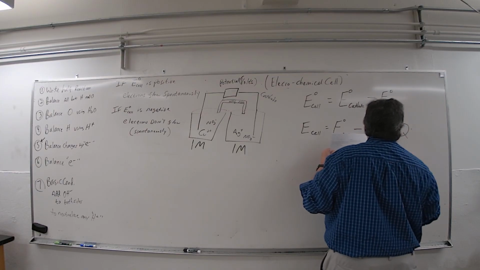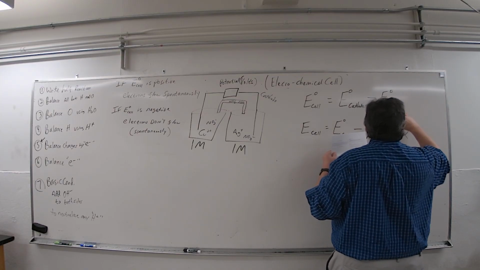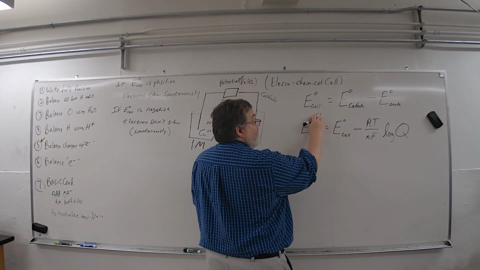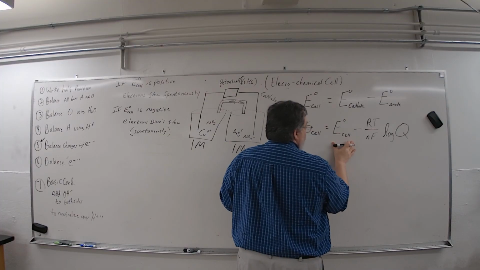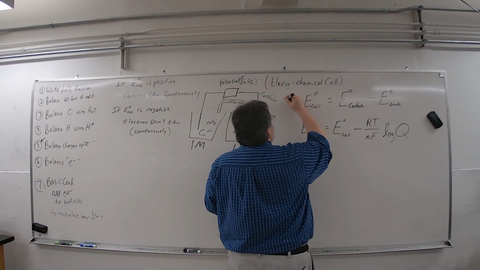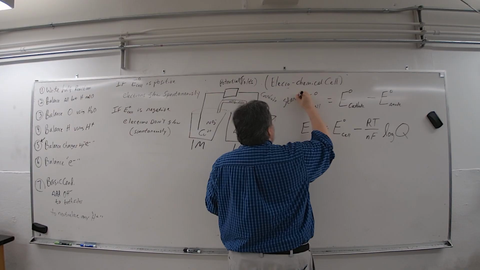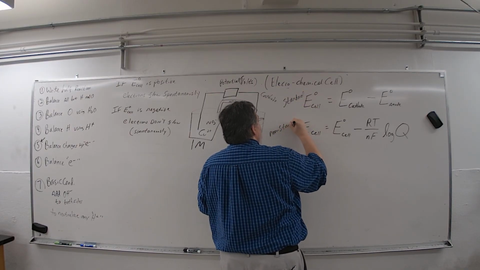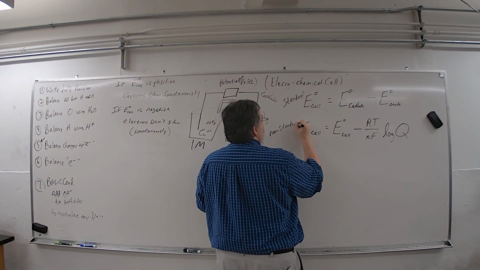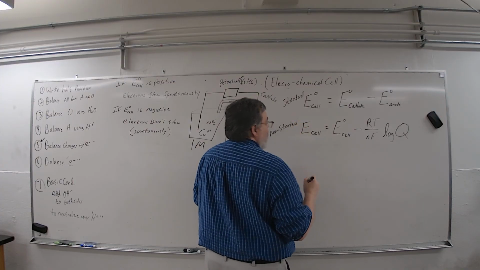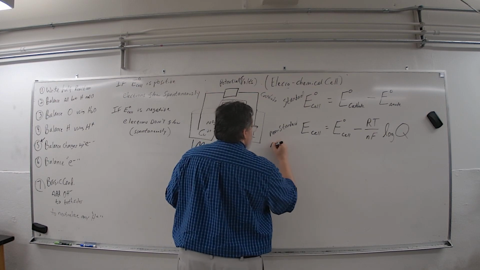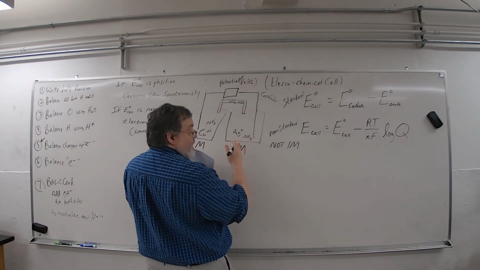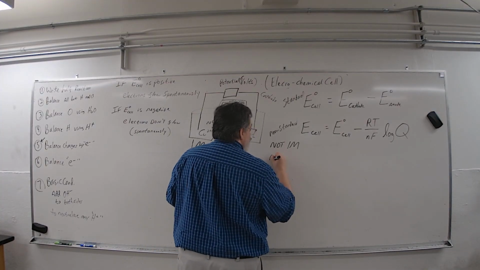And our old friend Q, the reaction quotient. This is the E cell from up here, so you can always calculate that. But this is standard conditions. This is non-standard. Non-standard here means at least one of the 2 sides is not 1 molar, also possibly not room temperature.